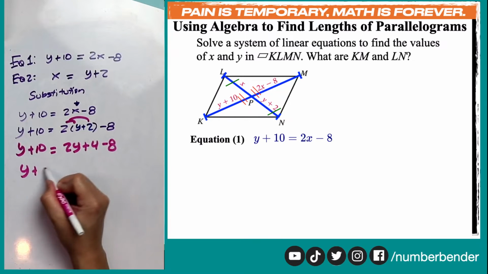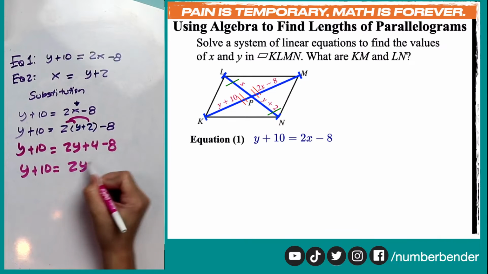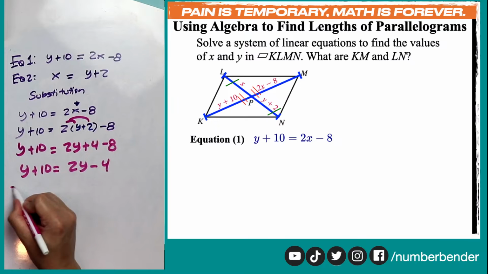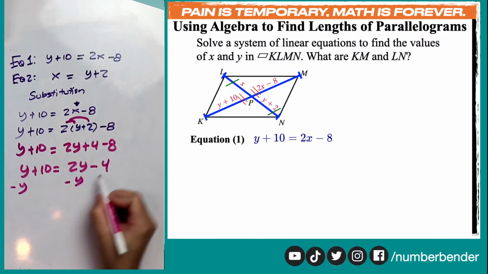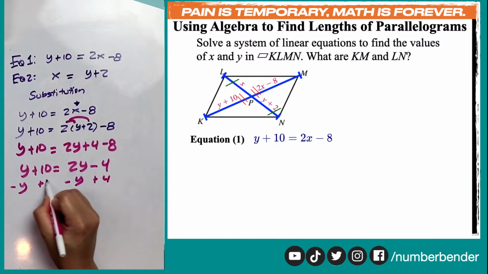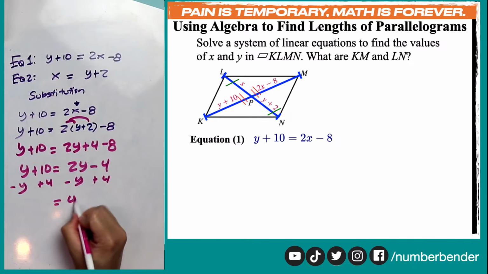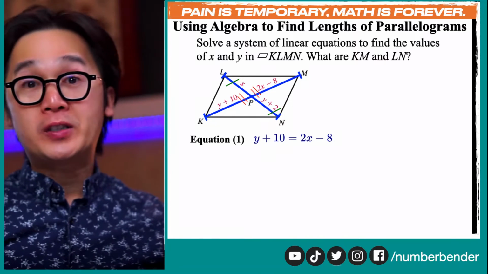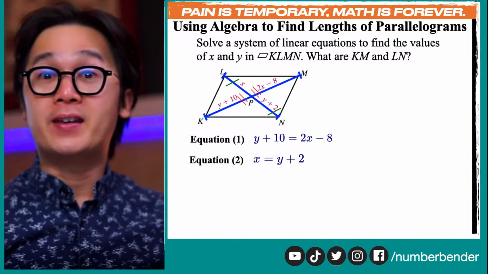And by further simplifying our equation, we'll have 2y, 4 minus 8 is negative 4. So what we can do is we can subtract y on both sides, and we can add 4 on this side, so that y will be by itself, and we'll be able to solve our first variable in this particular equation using the substitution method.